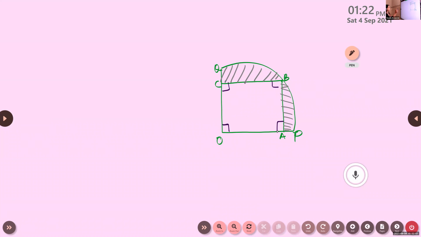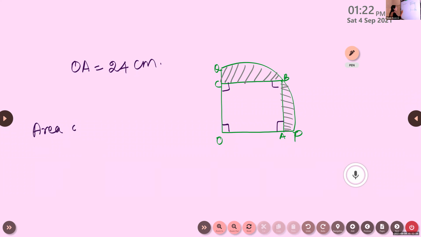OA is given as 24 centimeter. How will you find the area of this shaded part? Area of quadrant minus area of square. It is correct.